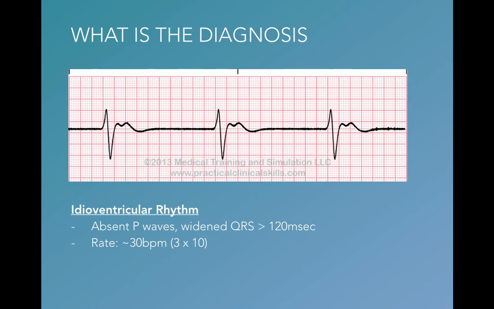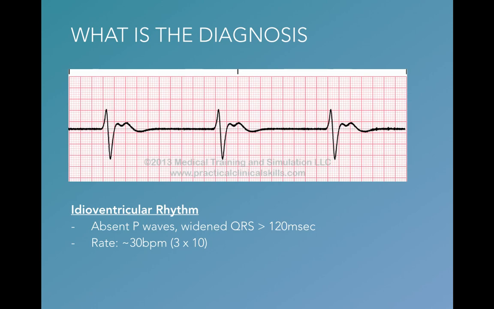Oh, I forgot to hide the answer. So this one, again, no P waves. It's obviously bradycardic. Again, there's the 3 tick marks above. So all you have to do is say, okay, I see 3 QRS complexes, multiply that by 10 to get your 30. There's no P waves. The QRS now is greater than 120.